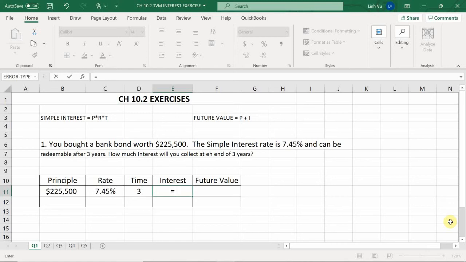We multiply the principal times the rate times the time, which is already in 3 years. So in this case, what's my total amount of interest that I'm going to be collecting for this particular bank bond?